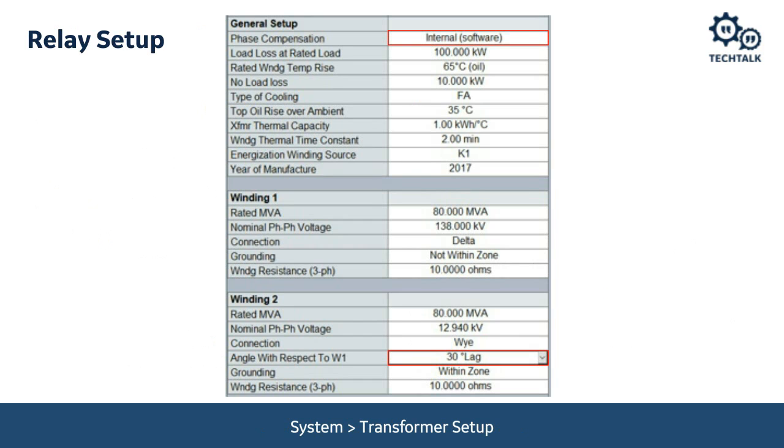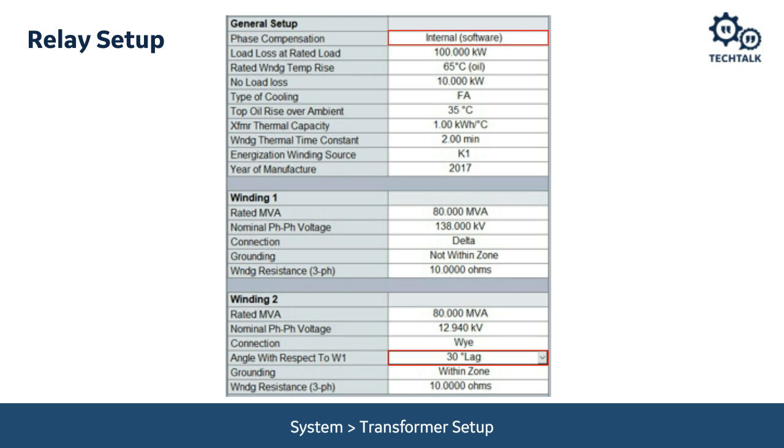All right, so we spoke about a good handful of settings. Now I briefly just wanted to show you how that ends up looking when you go to program the relay. This is a screenshot from our setup software window for the 845 relay. This is under the general transformer setup window. Here's where you input all of your transformer information.